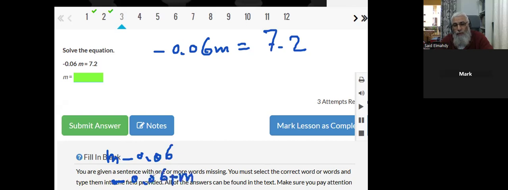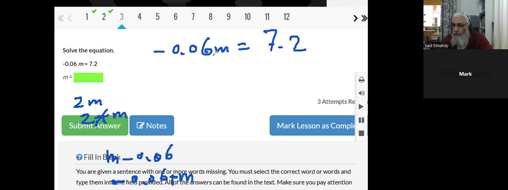But here there is no plus sign or negative sign, just 0.06 m. This means it is multiplied by m, like 2m means 2 multiplied by m, without writing the multiplication sign.